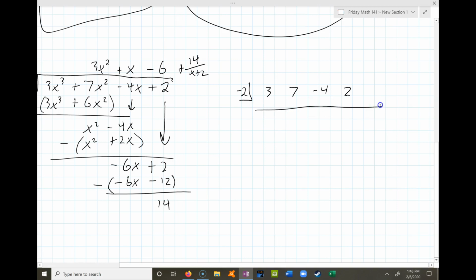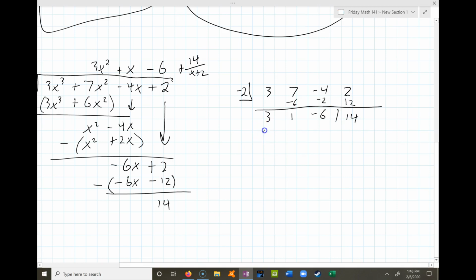And so then I'm going to go ahead and drop the 3 down. Negative 2 times 3 is negative 6. 7 minus 6 is 1. Negative 2 times 1 is negative 2. That gives me negative 6. Negative 2 times negative 6 is 12. And that gives me 14.